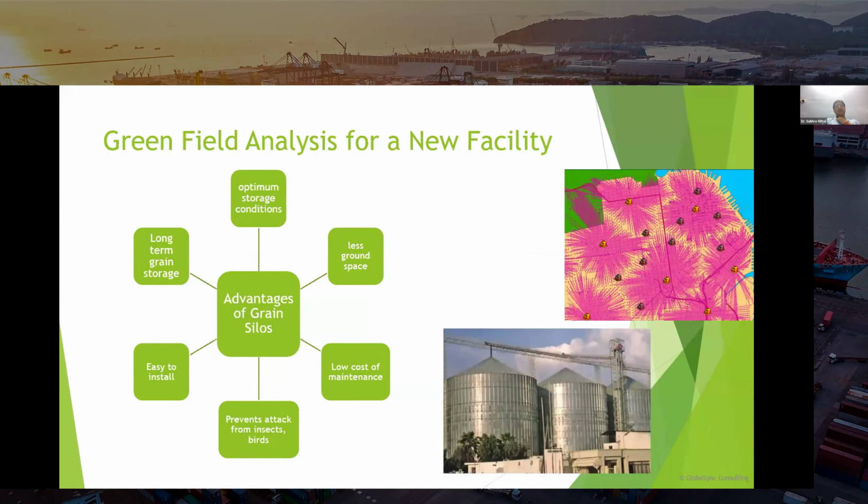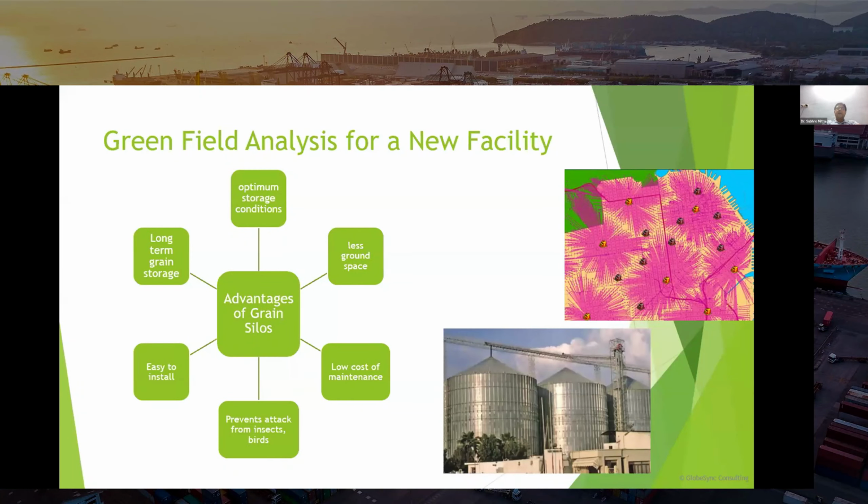We also did some greenfield analysis to identify location of the silos. Now, there are some existing silos and there are some new silos coming up. Silos have a big advantage for storing agricultural freight. Especially in the Asian countries, we have seen there are new silos coming up, which is a new concept here.